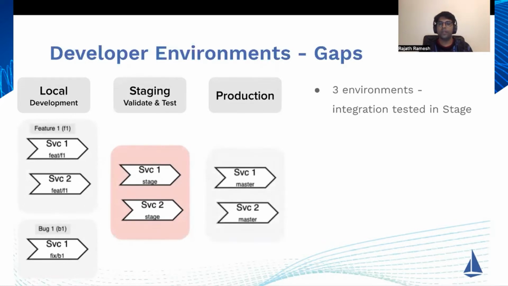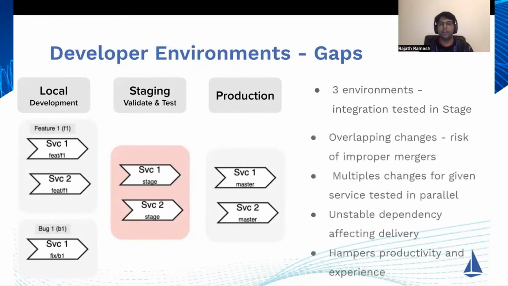This worked quite well for us in the initial days, but as the team grew and the number of changes also grew, we started to see signs of it hampering our productivity and experience. The top two to three reasons: when merging changes into the stage branch, the changes would not be merged properly, so we were not testing the actual change.